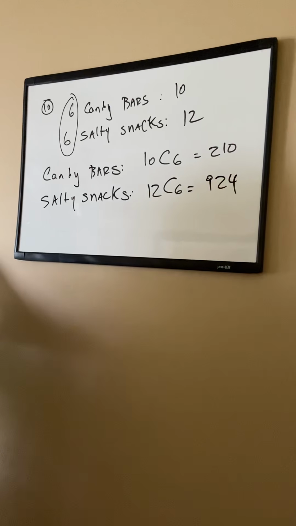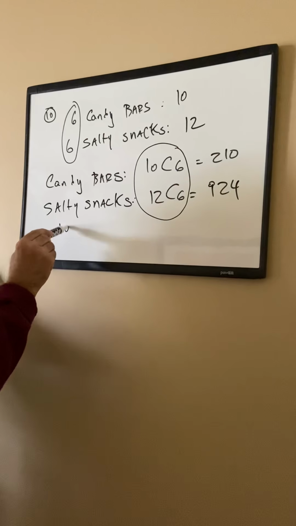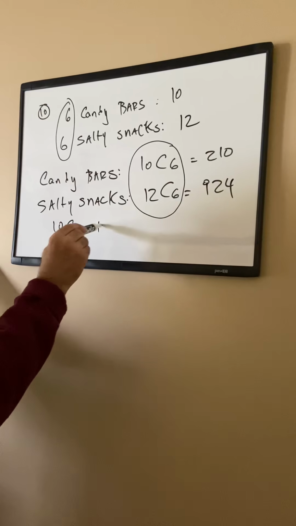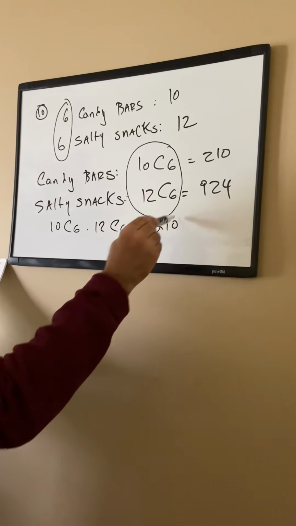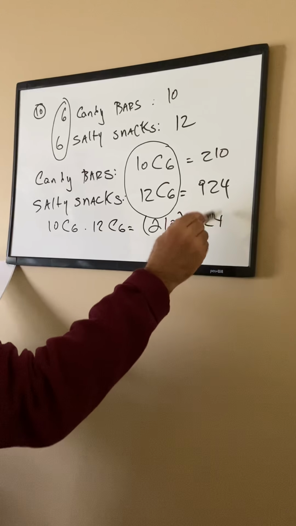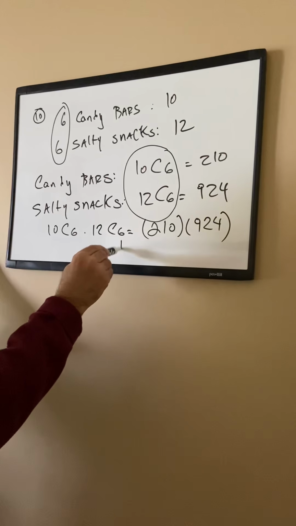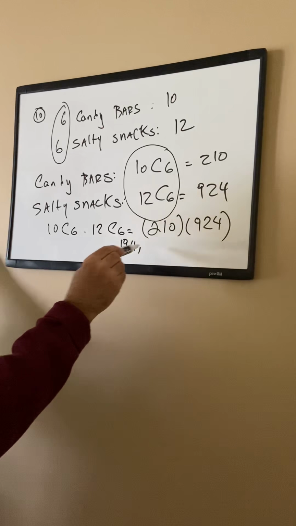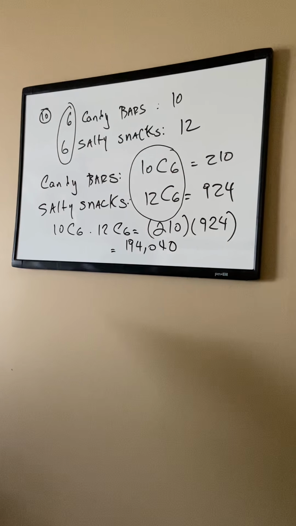Just like the last problem, finally we're going to multiply the outcome of these two. So 10 combination 6 times 12 combination 6, it will be 210 multiplied by 924, and that's how we're going to end up with a total of 194,040 different combinations we can use to stock the vending machine.